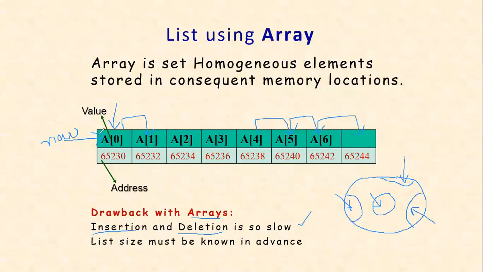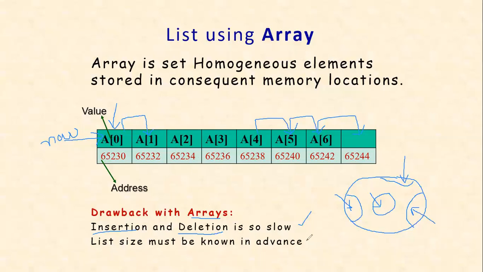Suppose I am storing 1 lakh elements for some process and only 100 elements for the same process. I cannot use the same program for both, because for 1 lakh elements I have to declare an array with 1 lakh size, and for 10 or 100 elements I have to declare an array of that size. So the same program cannot be used for all these purposes.